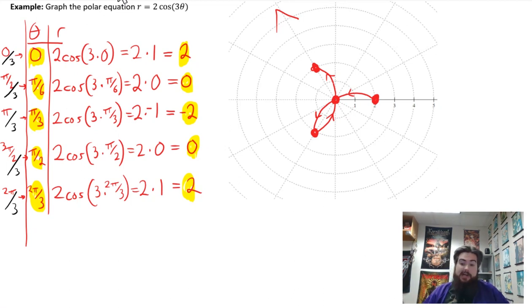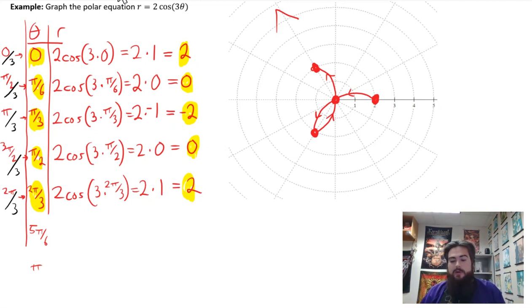Now, this isn't the entire curve. If you want to create the entire curve using more coordinates, then I would suggest to try to plug in 5 pi over 6 and pi. This is going to finish up the rest of the graph. However, we shouldn't need to do that.